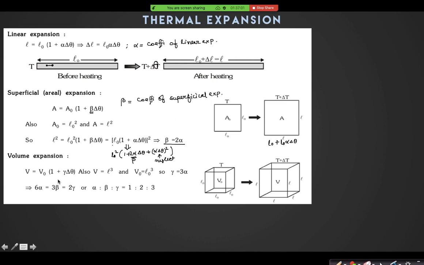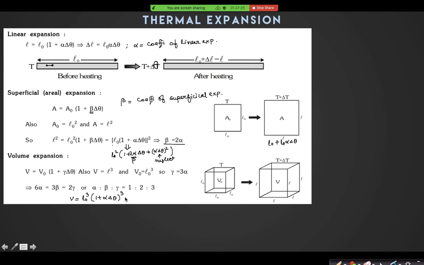Similarly, if I say one volume is V naught and I increase the temperature, then the volume becomes V naught into 1 plus gamma delta theta. Then I can also write that volume V is actually L naught cube into 1 plus alpha delta theta whole cube.